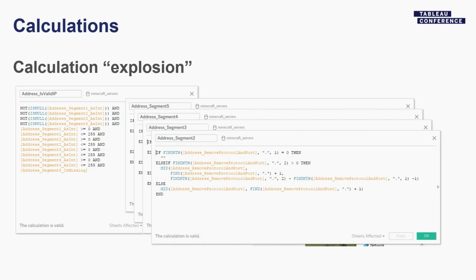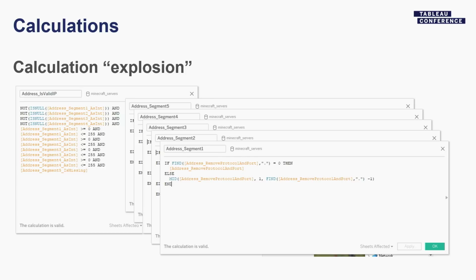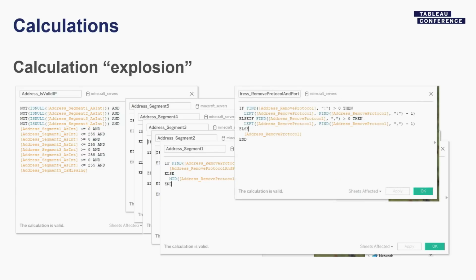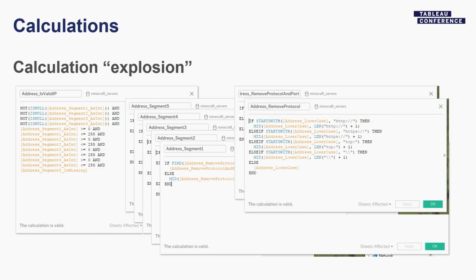It's called over and over again so many times. Already we're looking at hundreds of iterative calls to that calculated field, and address remove protocol and port uses additional calculated fields, address remove protocol, which calls more functions and more functions and more functions. So this becomes extremely inefficient.